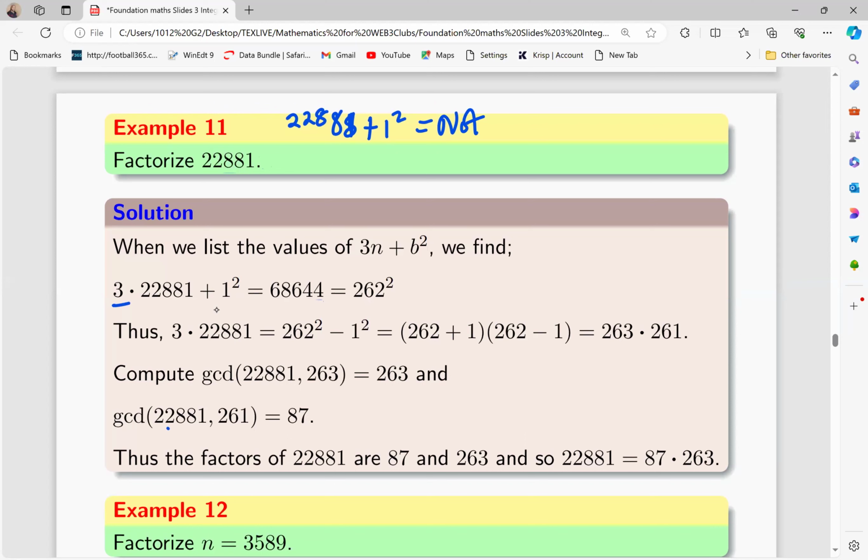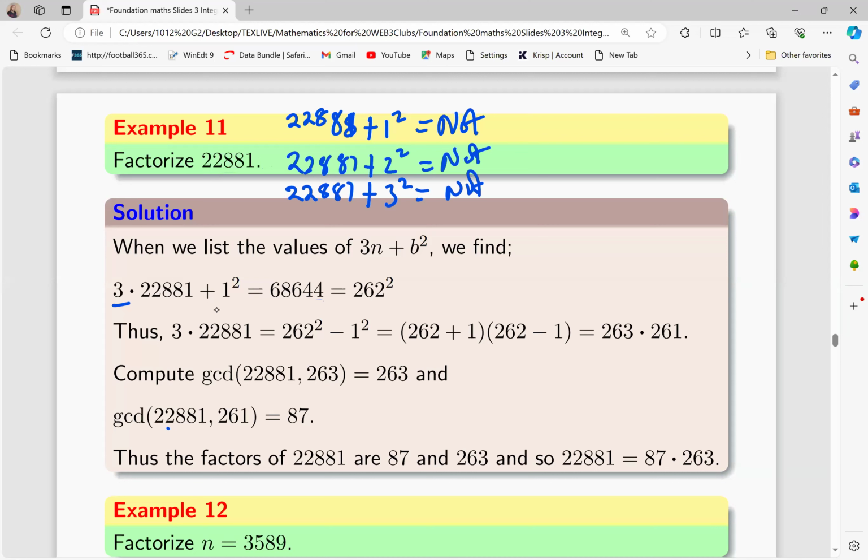What about plus 2 square? Again, 22881 plus 2 square is not a perfect square. Let me take plus 3 square. I hope you're using a calculator also. And you discover again that this is not a perfect square.